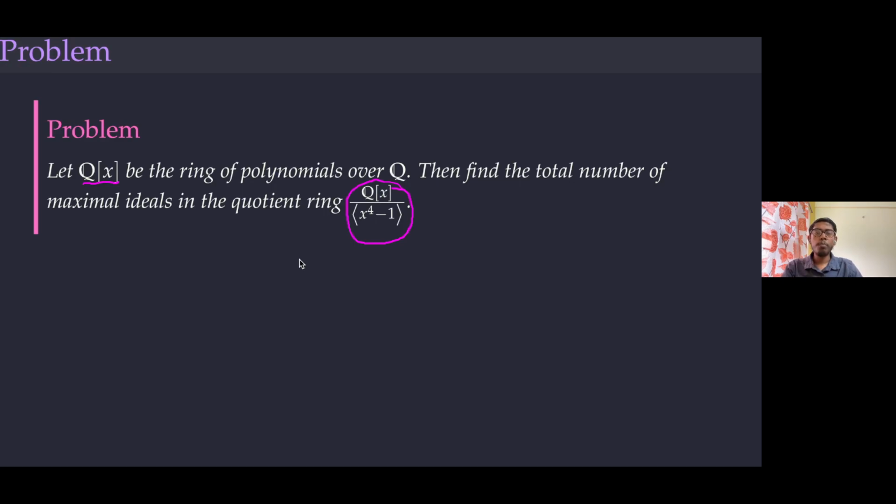Okay. So I hope you had tried the solution and possibly got the solution. So recall, what is a maximal ideal?